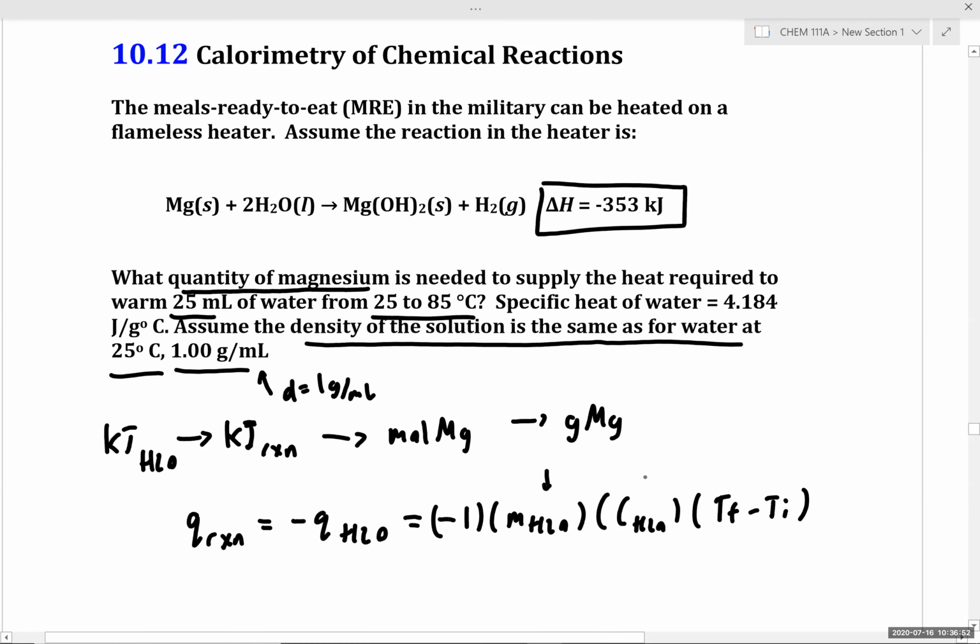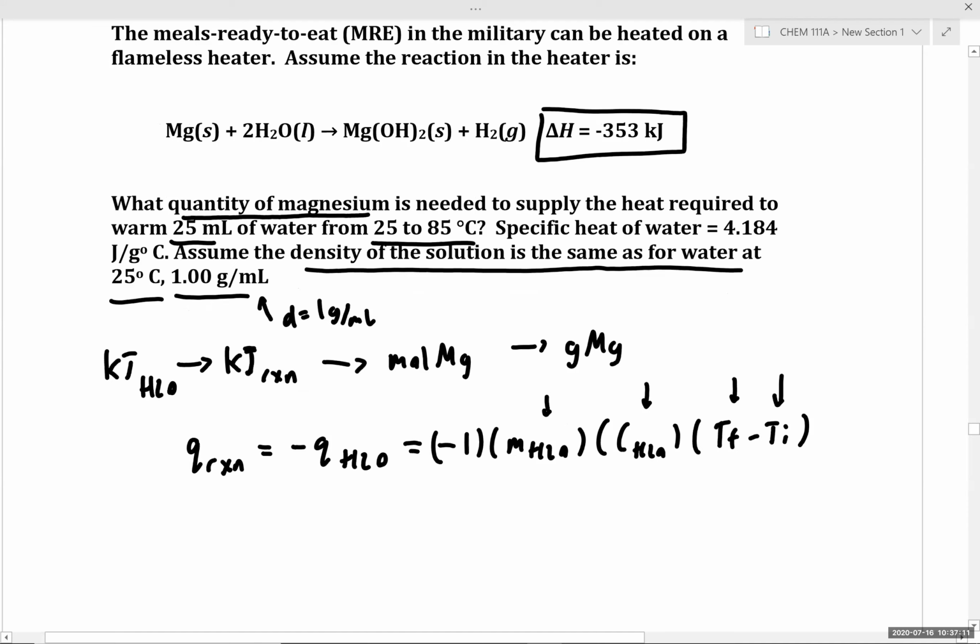Do we have each of these pieces of information? Can we calculate the heat absorbed by our water sample? Yes or no? Just like in classic calorimetry. Yeah, we definitely can.